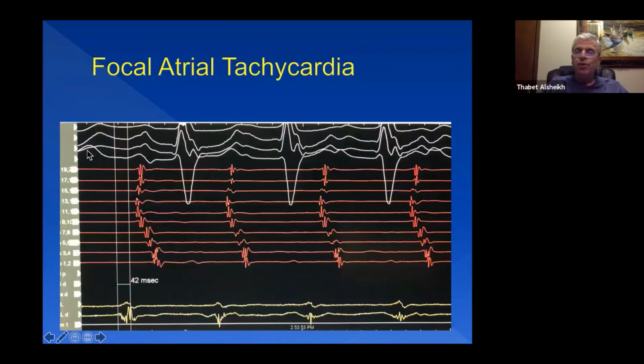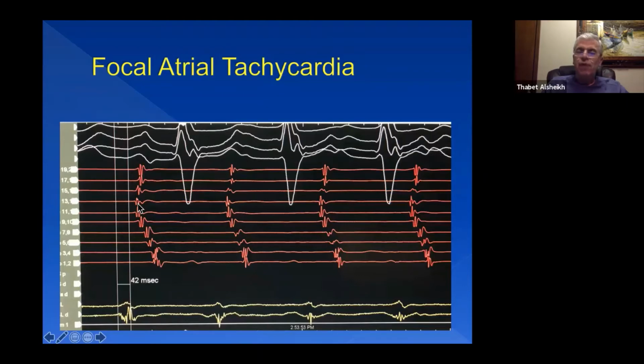In this case, it's occurring spontaneously, but we have some pacing maneuvers that will strip the P wave from the T wave, so we know exactly when it starts. And we can delineate in this beat, the P wave starts way earlier than 13, 14 that we thought was the earliest. So 13, 14 cannot be the site of origin of the impulse, because that impulse caused the P wave way before that.